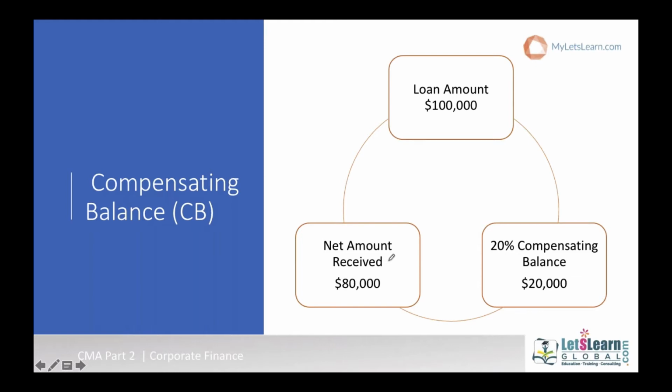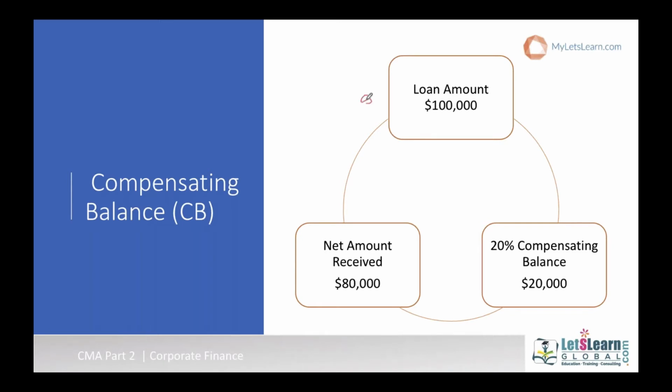So the business receives only 80,000, not 100,000, because this 20,000 is still held with the bank. Whereas the bank charges interest on 100,000. Effectively, the business uses only 80,000 in the business, but pays interest on 100,000. So the cost of the loan is higher than what you assume it to be.